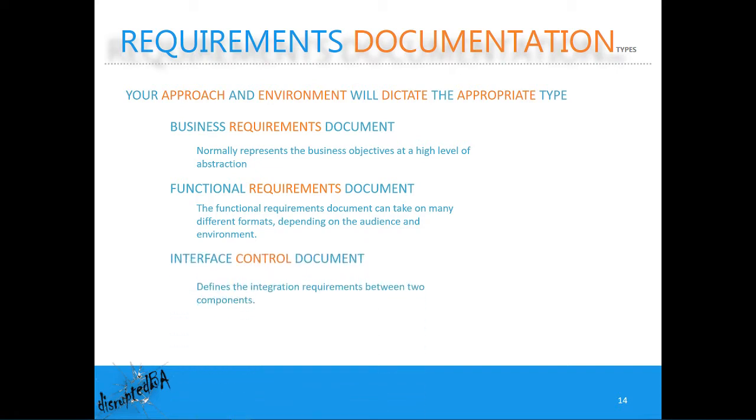Then the third type of document that you will find as well is an interface control document. Again, it goes by many different names and acronyms, but basically it defines the integration requirements or the integration level between different components or systems.